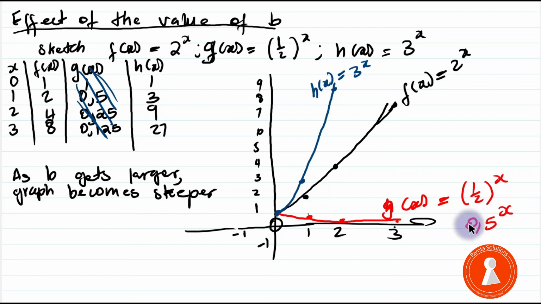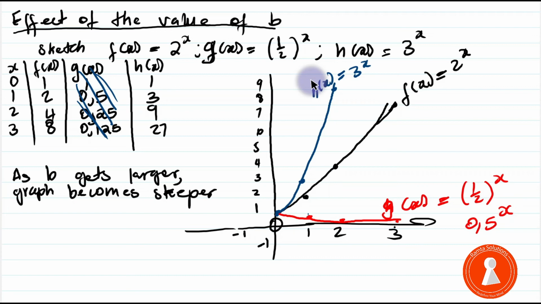As b gets larger, the graph becomes steeper, steeper, steeper, steeper. So if you had 5 to the x, it would be, you know. So basically we're trying to say that as b gets larger, your graph gets closer to the y-axis. Can you guys see that? As b gets larger, your graph gets closer to the y-axis.